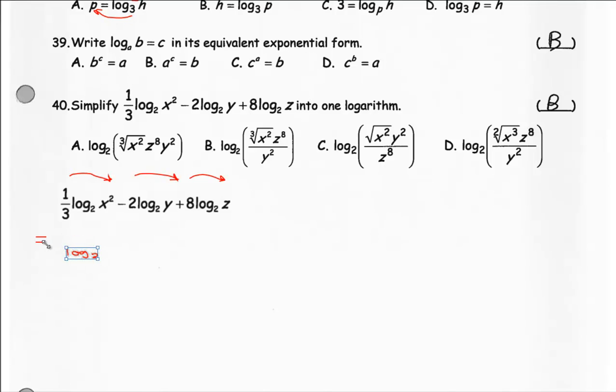I'm just going to move this down a little bit so I have a little bit more room here. So the cube root of that x squared, and then minus, when I bring this 2 up here, logarithm base 2 of y squared, and the 8 up is the power of z, so plus the logarithm base 2 of z to the 8th.